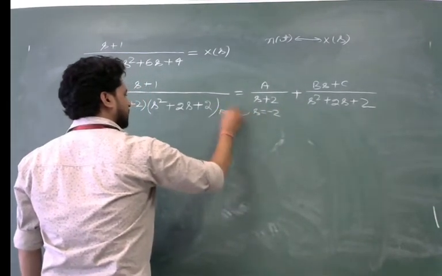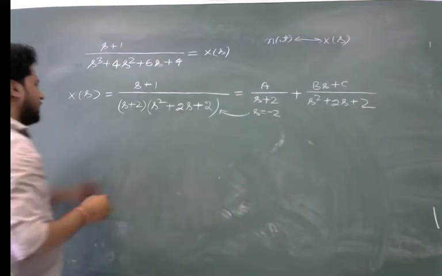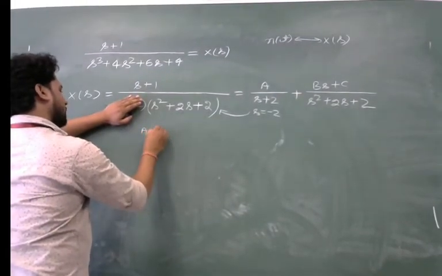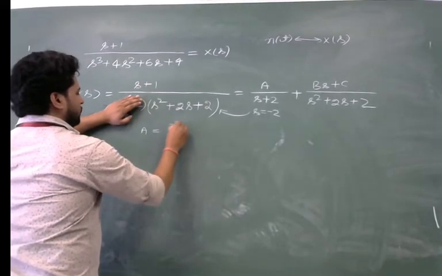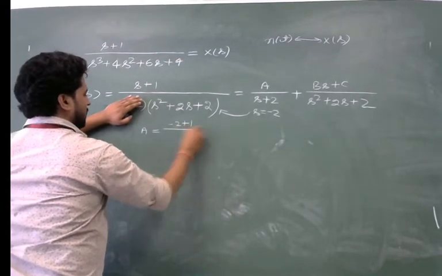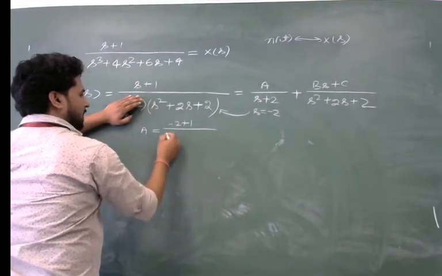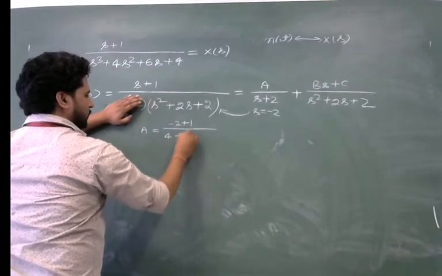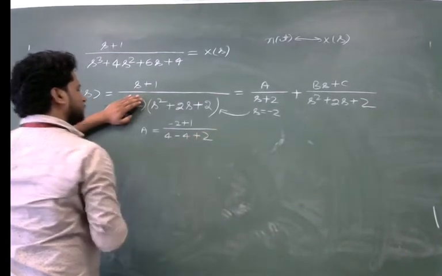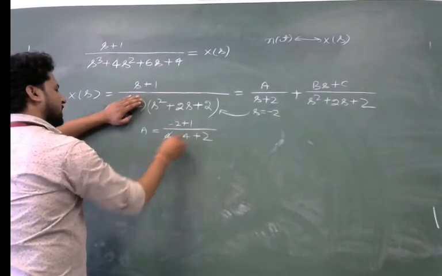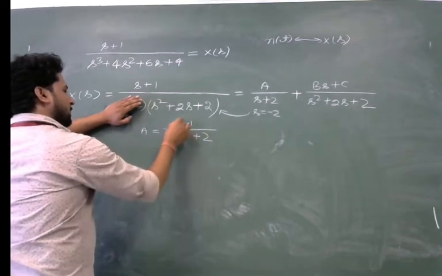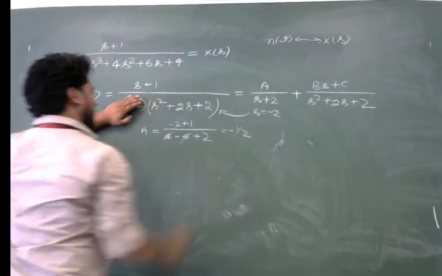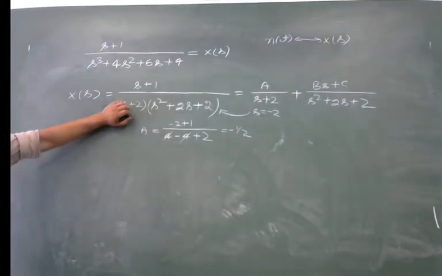By putting s equal to minus 2 in this expression and hiding this term, we can get the value of a. So a will be equal to minus 2 plus 1 upon minus 2 square, 4, minus 2 into 2, 4, plus 2. So this will become minus 2 plus 1, minus 1 by 2. This will become minus 1 by 2.